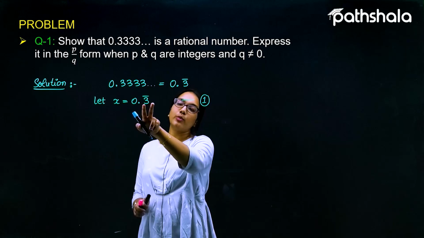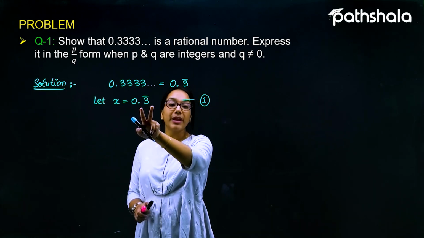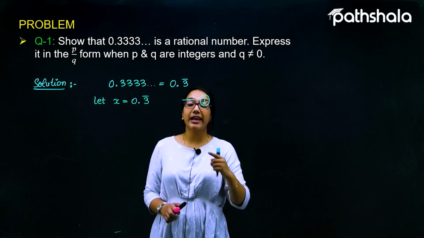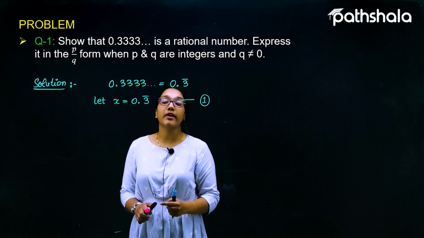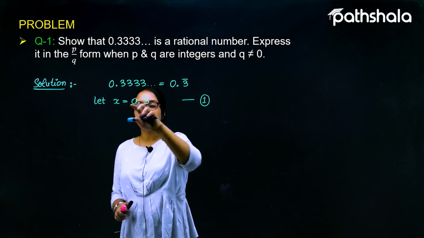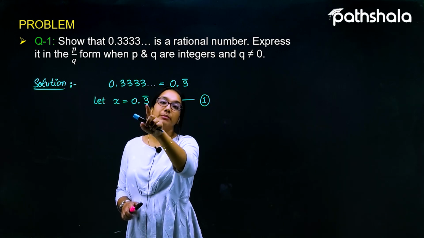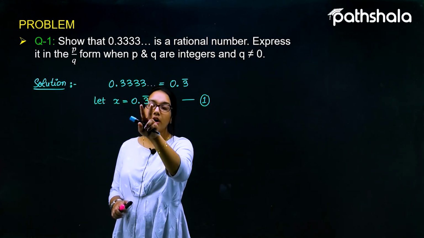After the point, the decimal places are only 1. So multiply it with 10. Always remember this fact. In the first equation, x is equal to 0.3 bar, first you have to check how many decimal places are in this number.